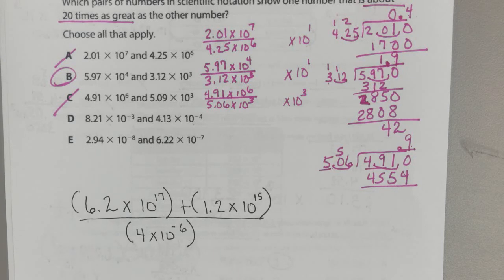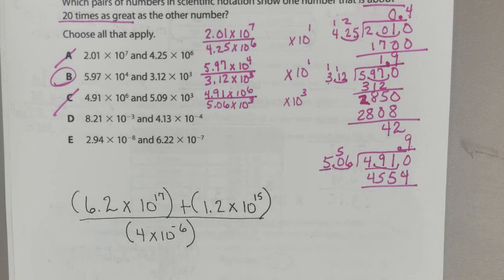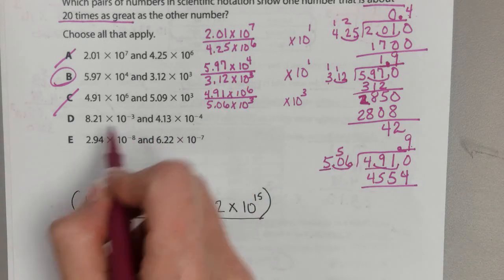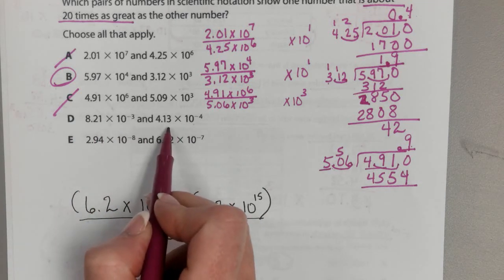Yeah. I mean, that's definitely what we're looking at: once you get it set up, is it going to be about 20 times? And like this one was 0.9, so there was no way it was going to work. So, but if you can look at those numbers, because D is going to work out for us, because look how we're going to set up D. Which number is bigger, the 8.21 or the 4.13?